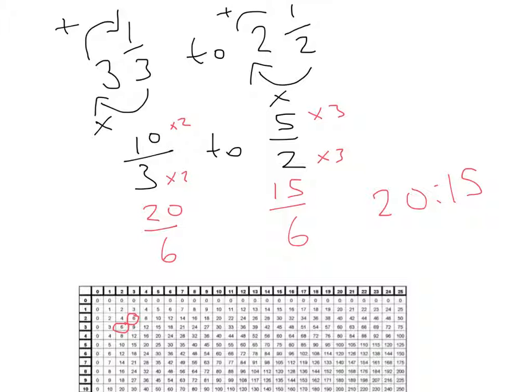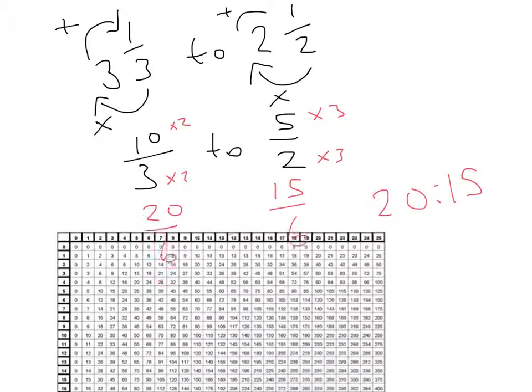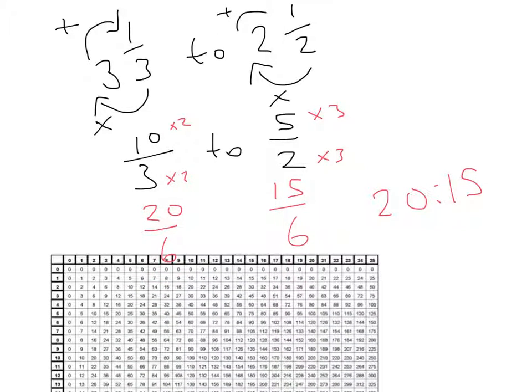Again, we look at our times table and we try and find the one row or the column that has both these numbers in it. So we do that and we can see that there is a number 15 and a number 20 in the multiples of 5.